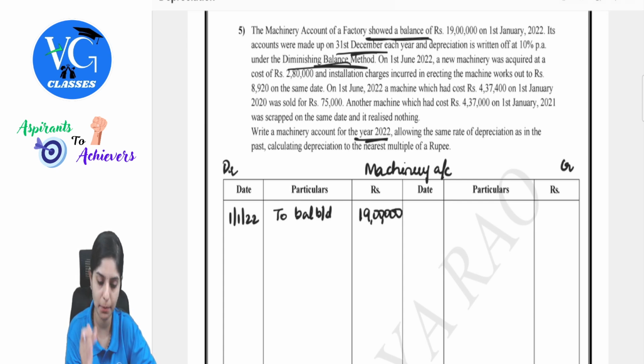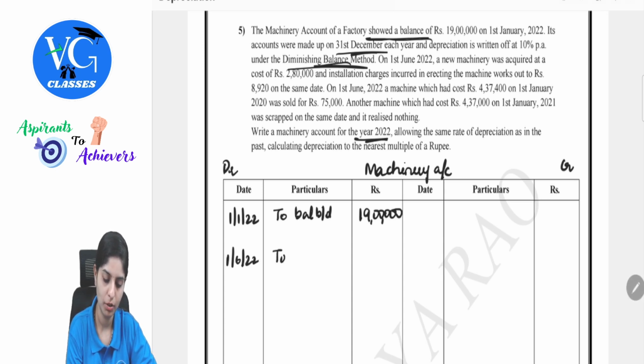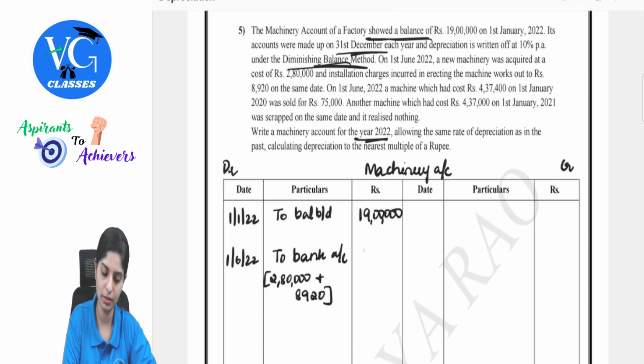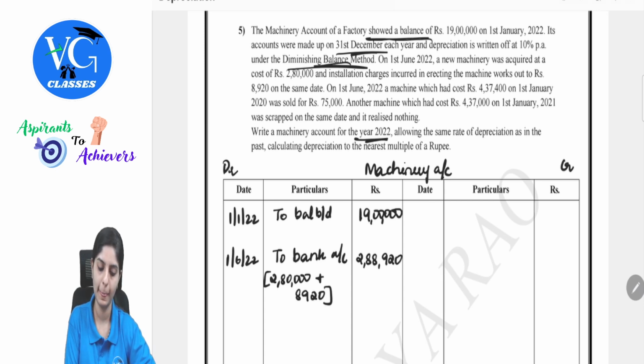That means isn't it in the same year? Yes. So 1st June 22 to bank account, 2 lakh 80 plus 8,920, that is 2,88,920. So this we have recorded until the new machinery being purchased.